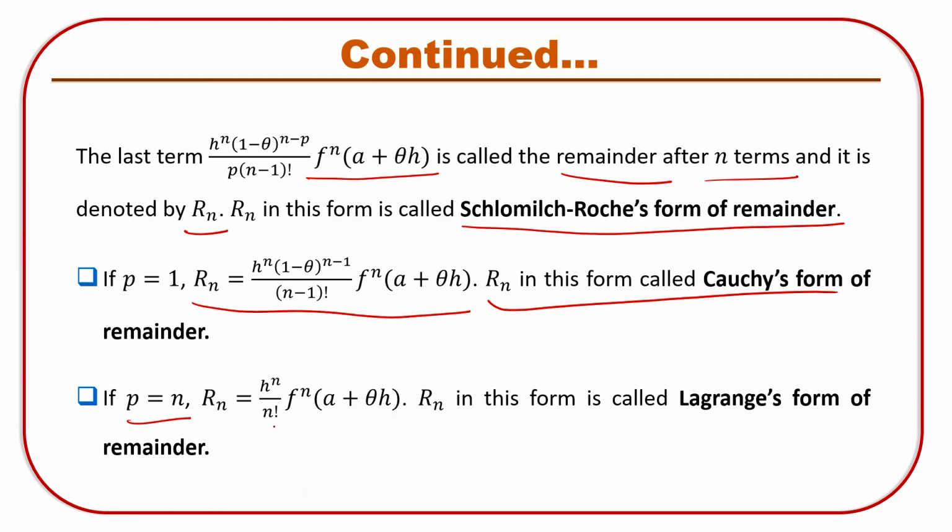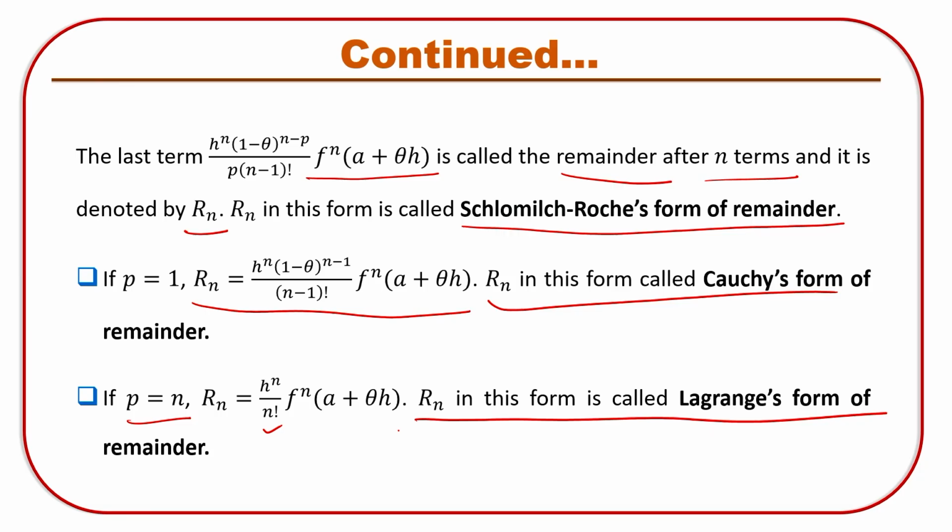So, if p is equal to 1, then R n becomes h power n (1 minus theta) power n minus 1 over (n minus 1) factorial f n (a plus theta h), right. And in that case R n is the Cauchy form of the remainder. If p equal to n, then R n becomes h power n over n factorial f n (a plus theta h), and in that case R n is called the Lagrange form of the remainder.